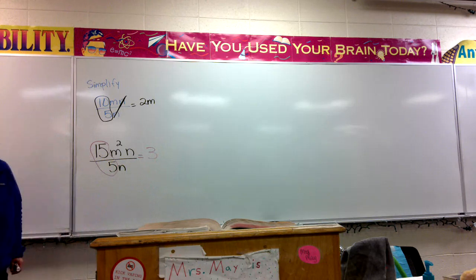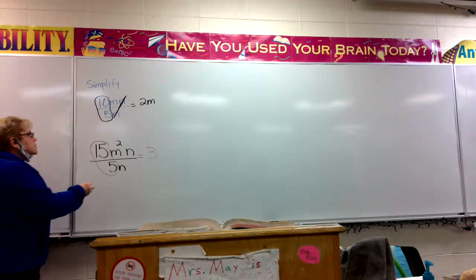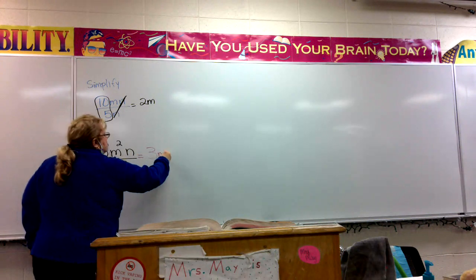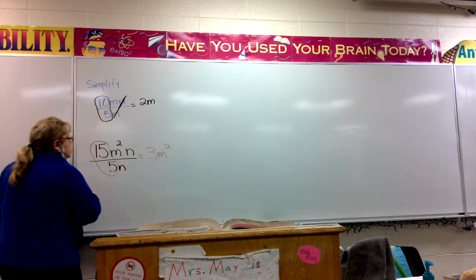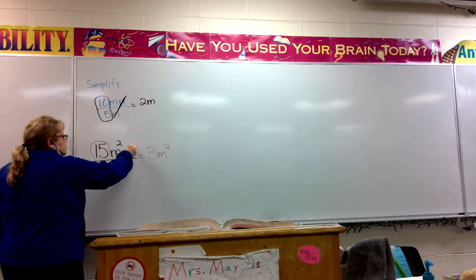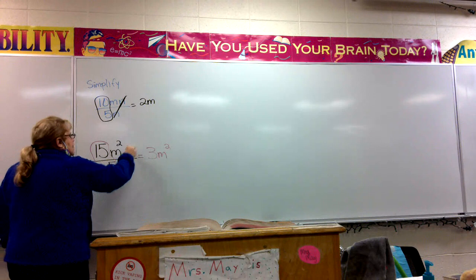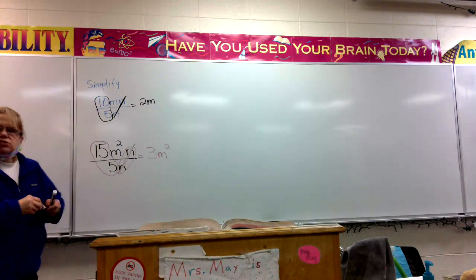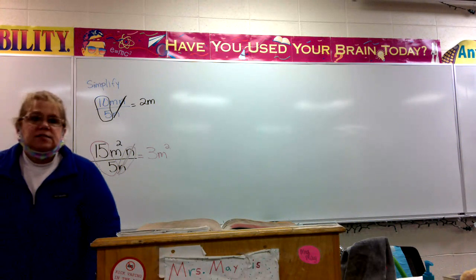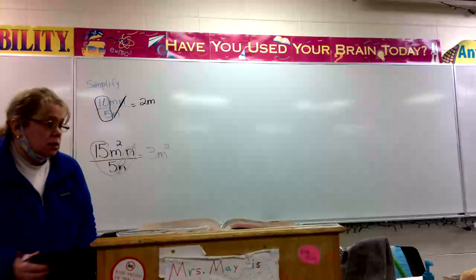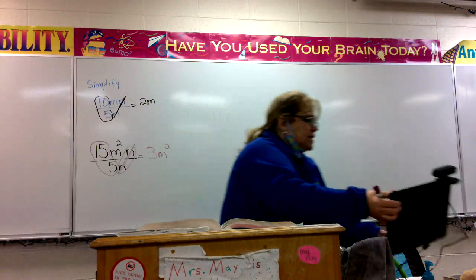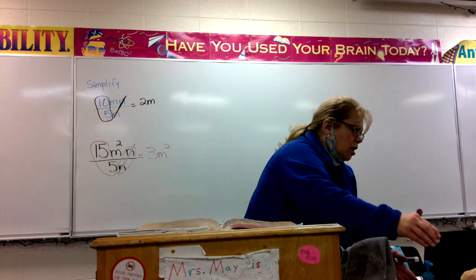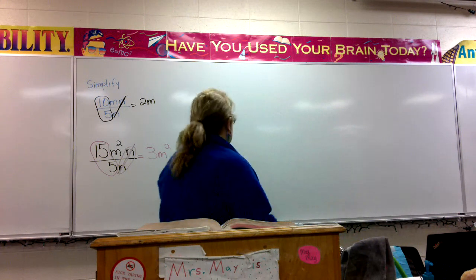What else? m to the second, because there's nothing to cancel it with. What about the n's? They cancel. n over n is just 1. So you all can do that, right? Easy. Well, then guess what? You're all pros at today's already.